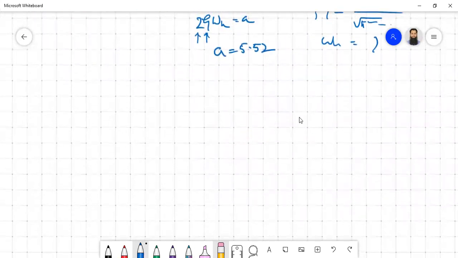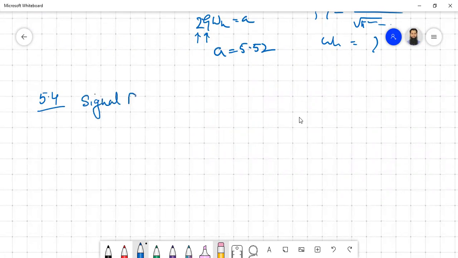Now next comes article 5.4, which is the other technique, that is signal flow graphs.